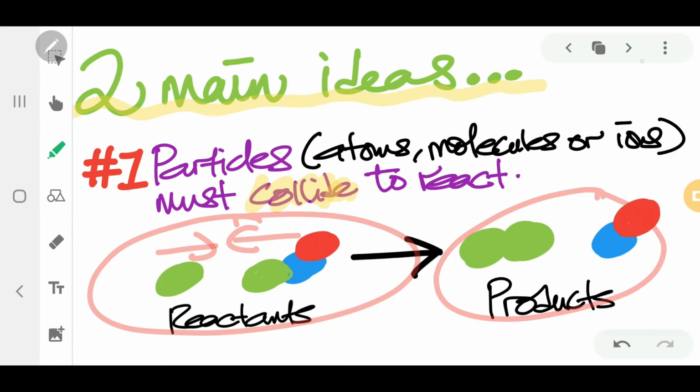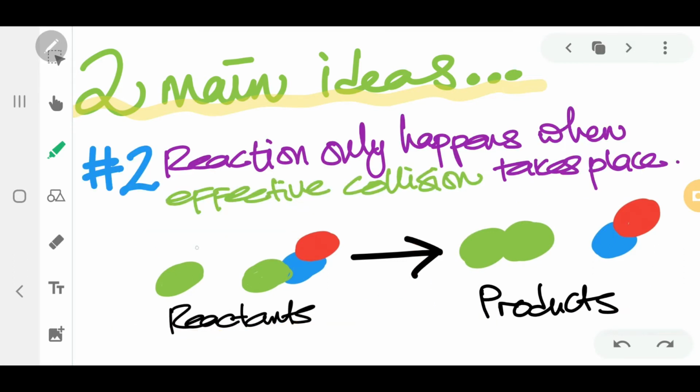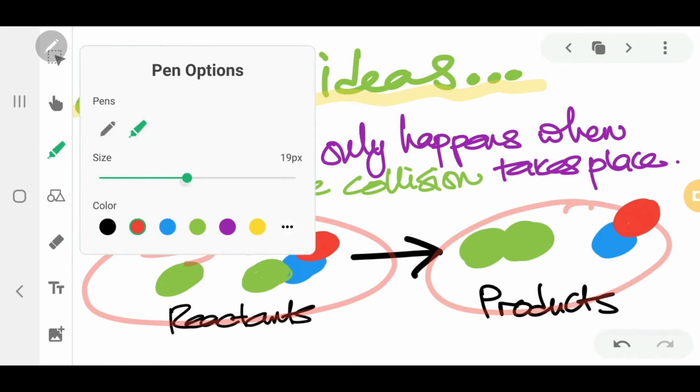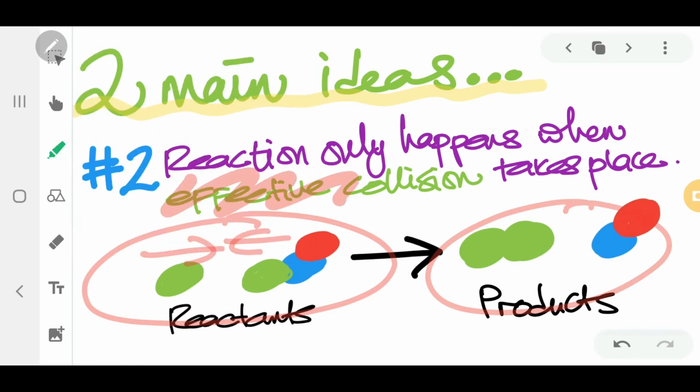And the collision between these particles to form your product needs to be an effective collision. Okay?